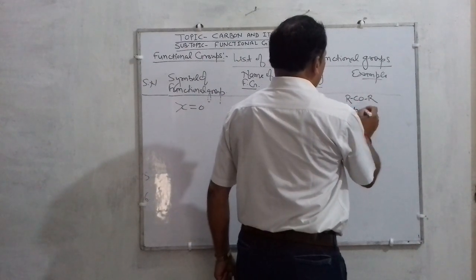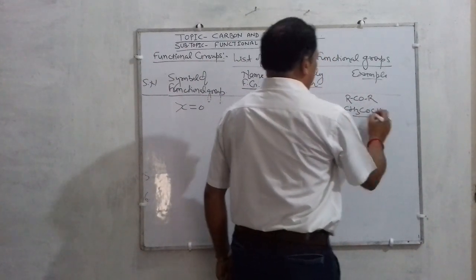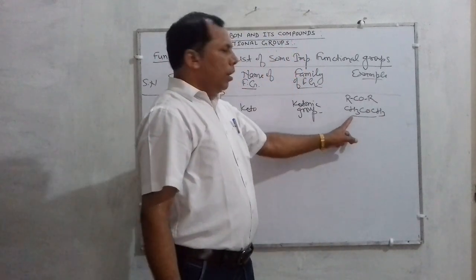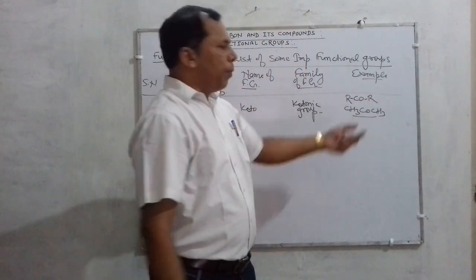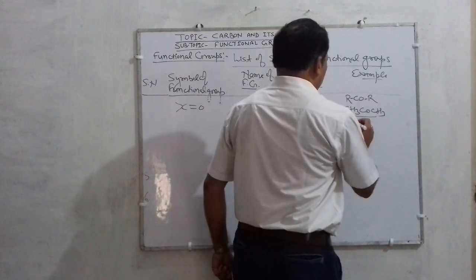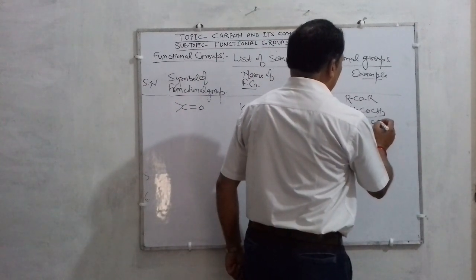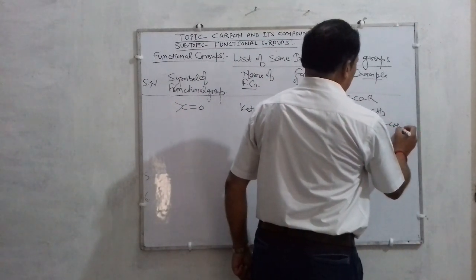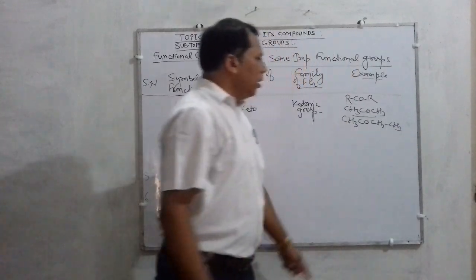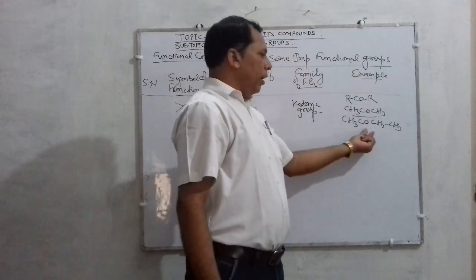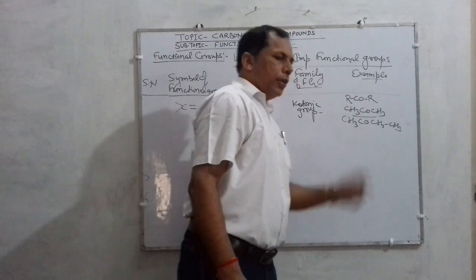For example, CH3COCH3 is called acetone or propanone. Similarly, other example you can put CH3COCH2CH3, that is called butanone, or ethyl methyl ketone.